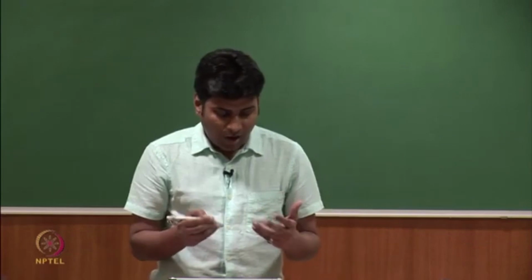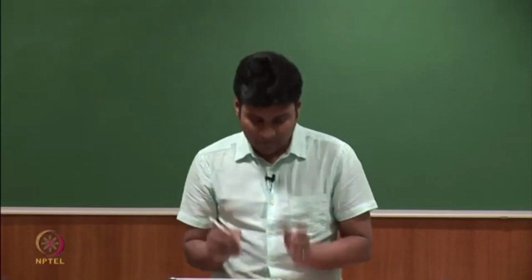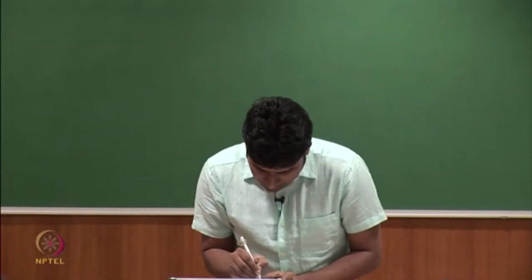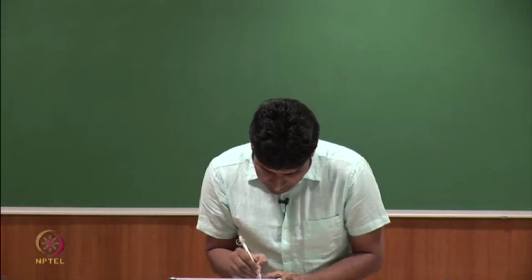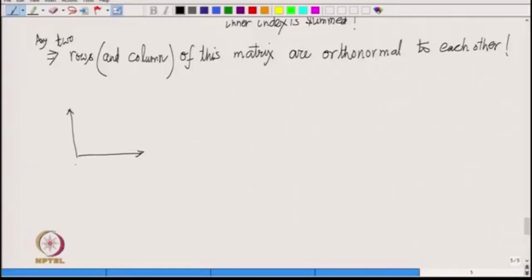Let us see an example of how the rotation matrix will look. So, we have this E1, E2, E3 coordinate system.